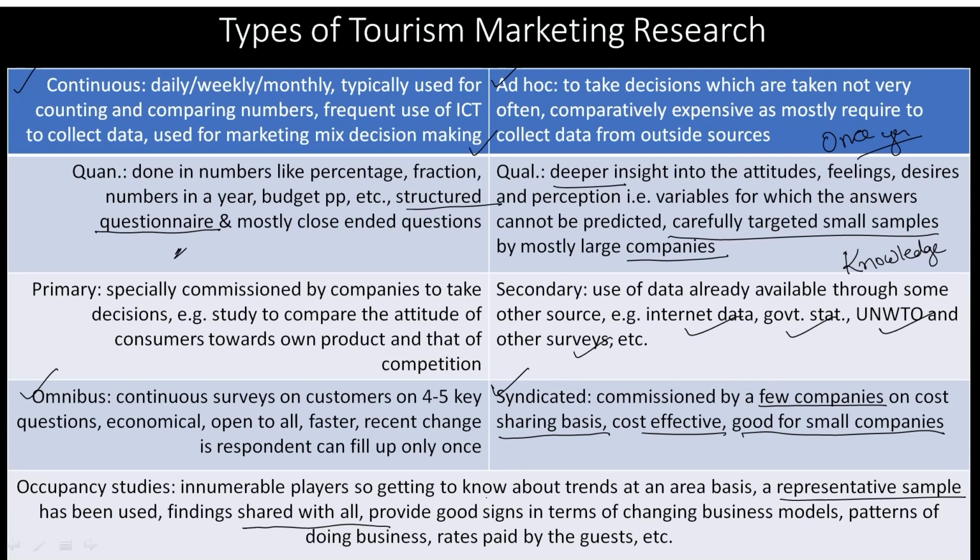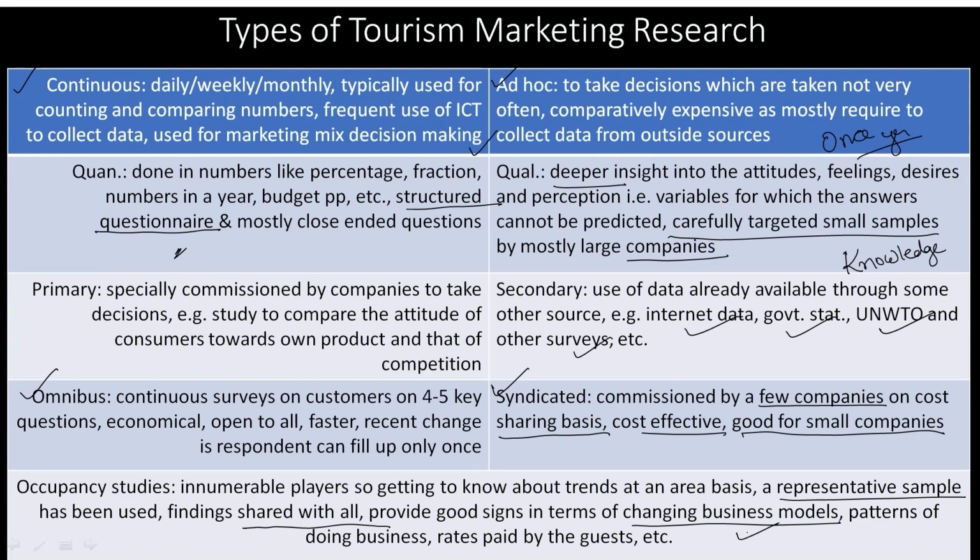Occupancy studies are a good source of information for finding out the changes which are taking place in business models. Maybe the hotels were earlier providing accommodation through some agents, but now they are giving coupons to their own guests who have stayed with them, to present to other friends and refer them to come and stay at this hotel.